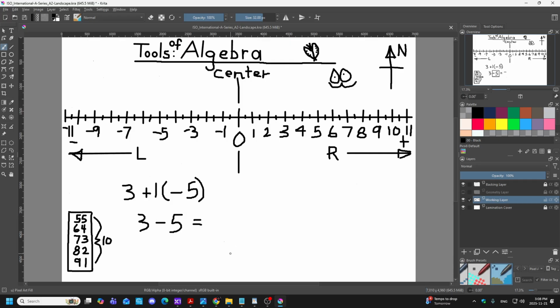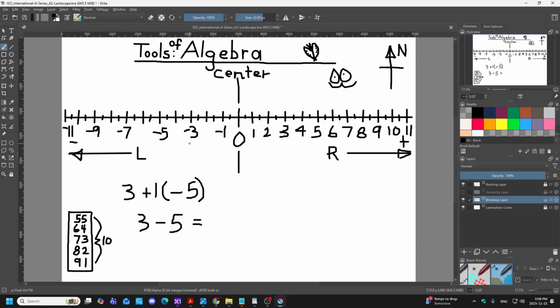Okay? This is kind of what I wanted to teach you guys and gals, right? Be aware of the sign. The sign matters. Again, this sign belongs to the 5. 5 owns that. It takes ownership of that negative. So technically speaking, the 5 is a negative.